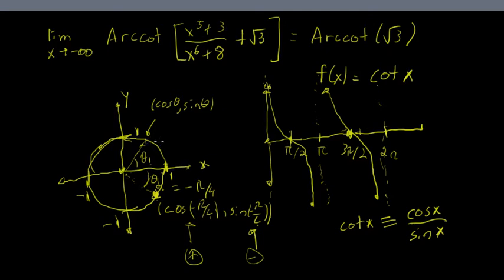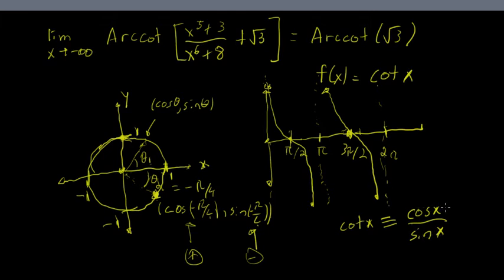When you go towards pi over 2, at pi over 2, cosine is 0, because remember, cosine is the x coordinate, but sine is 1, and cotangent is cosine x over sine x.